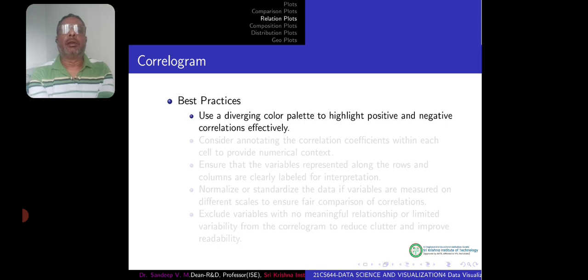Every patch in that cell can be given a color, and that color talks about the magnitude of the value we are trying to show in that cell. A more positive value means a higher positive correlation, a more negative value means a higher negative correlation. Zero means no correlation. That's the standard.